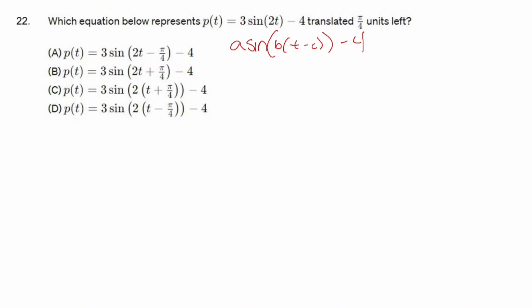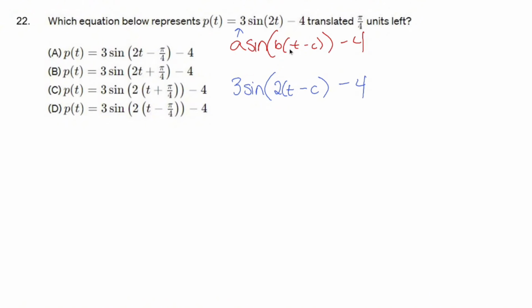Well, what do we have? We have a is 3, so we have 3 already. We have sine. I'm going to separate the t and the 2 with that parentheses, so we're basically pulling this out. Now that gives us frequency. We don't know what c is, although we do.